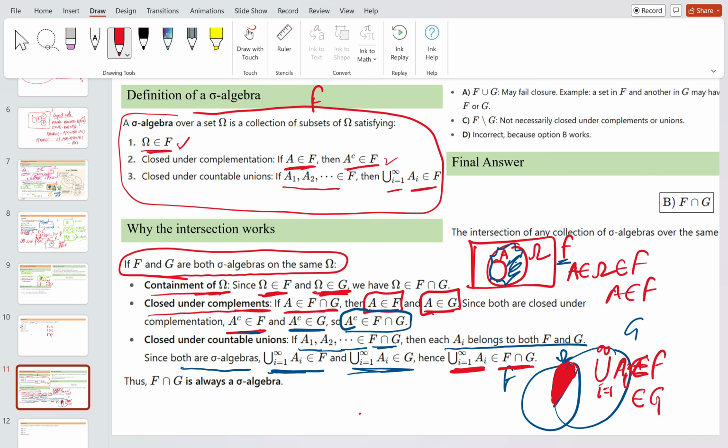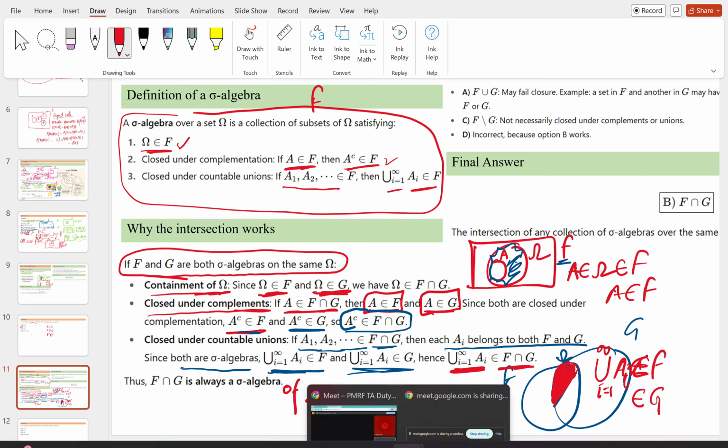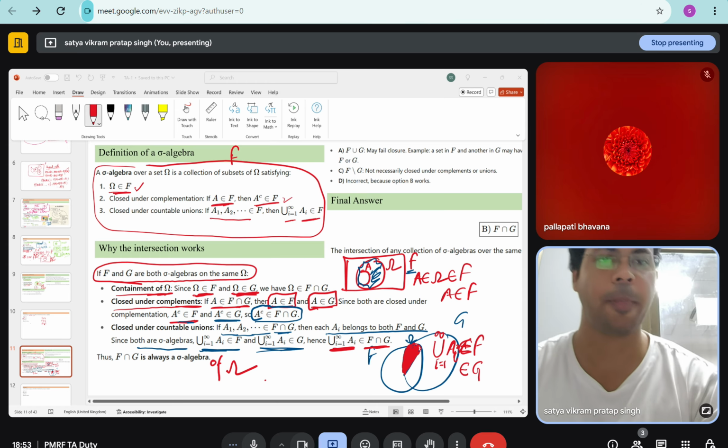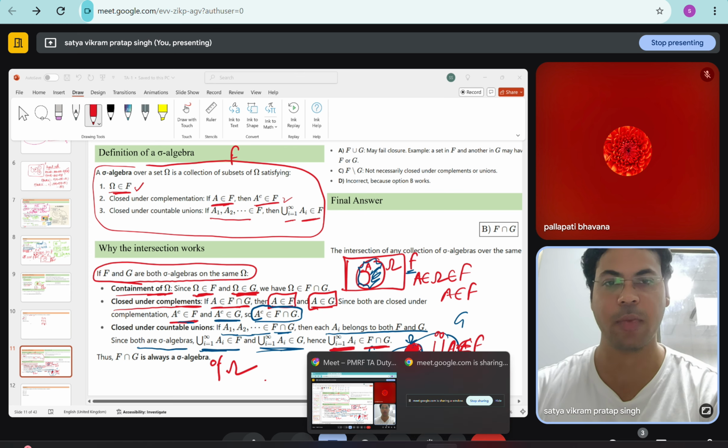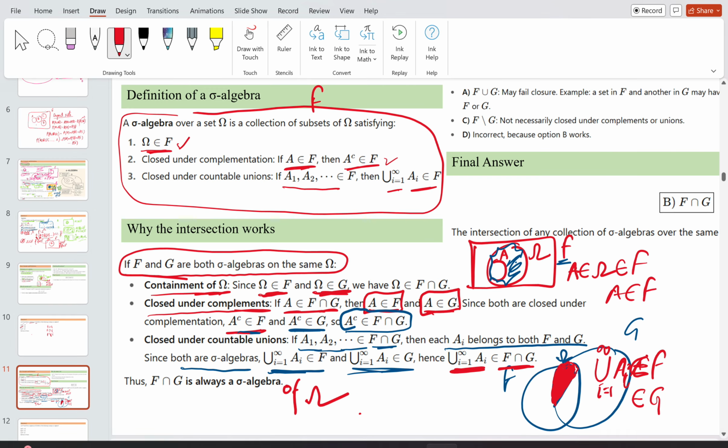That is a sigma algebra of omega. Any doubt in this? I hope this point is clear. Let's move further to the remaining problems.